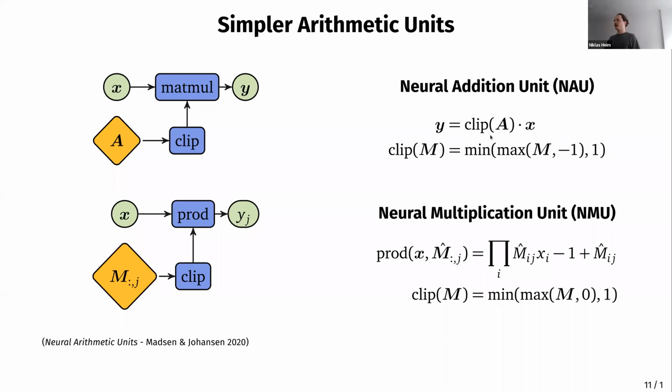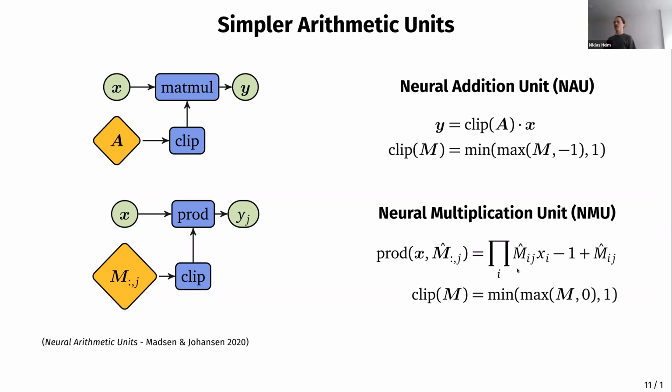So again, the addition unit is basically the same as you saw before. It's a matrix multiplication multiplied with an input, right? So we have addition, and they actually clip their weights to be between -1 and 1, so that you can only represent preferably exact addition or subtraction.